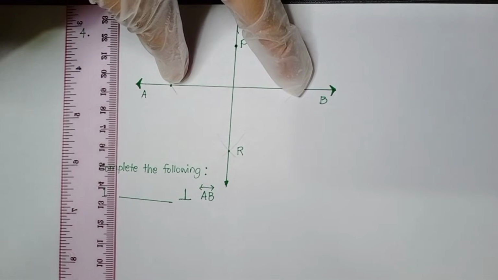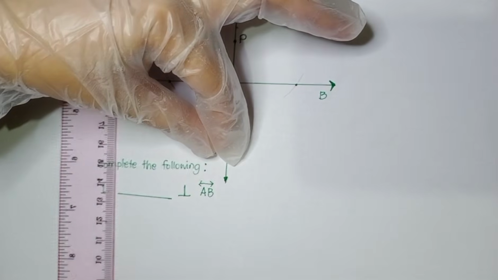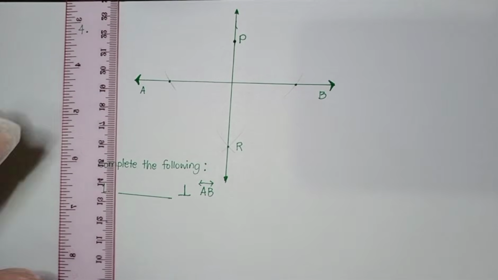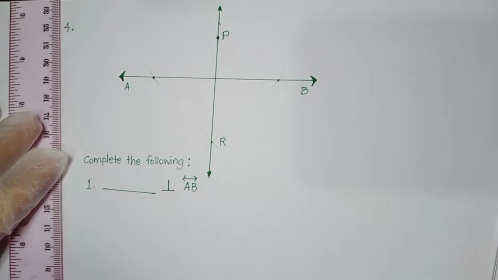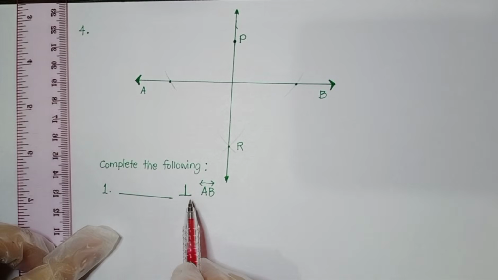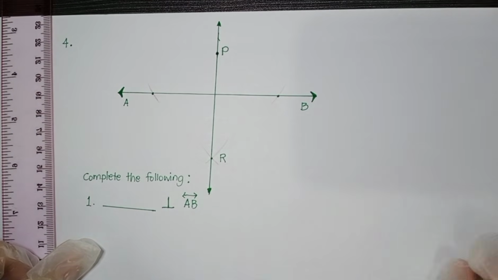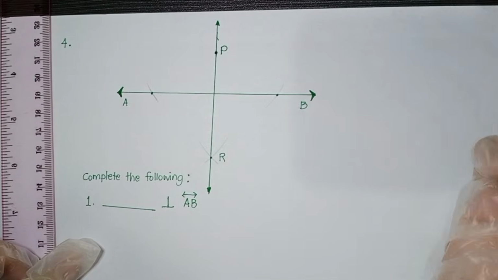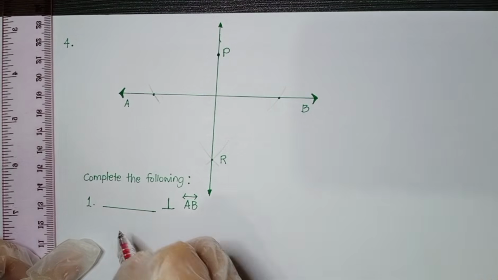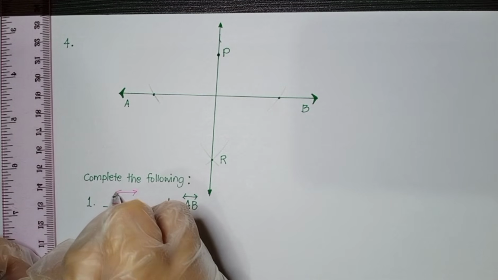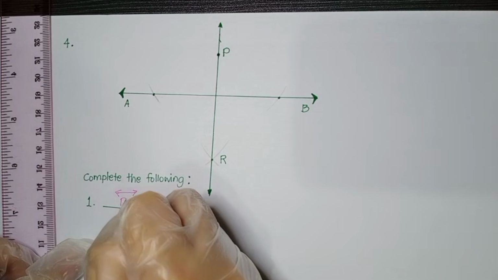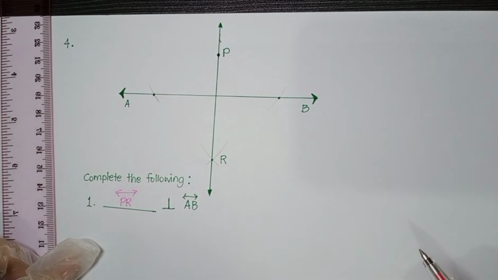Now, from here naman, gagawa ka ulit dito. Okay? So, yun po. So, let us complete the following. So, we have blank is perpendicular to line AB. So, given the figure, the construction, ano ngayon yung perpendicular sa AB? So, we have line PR. Okay.